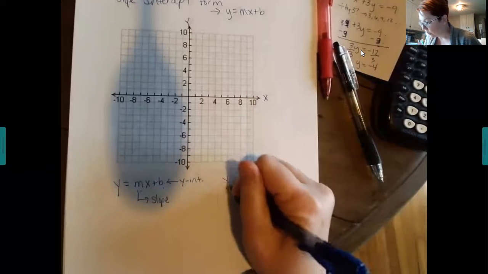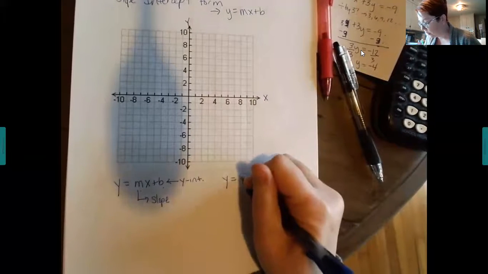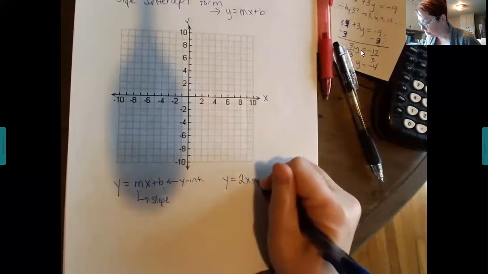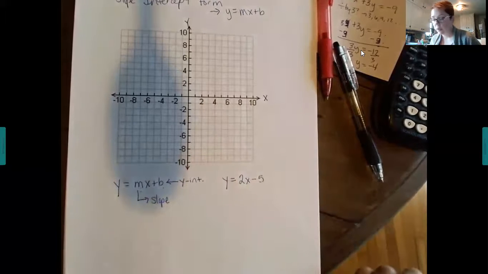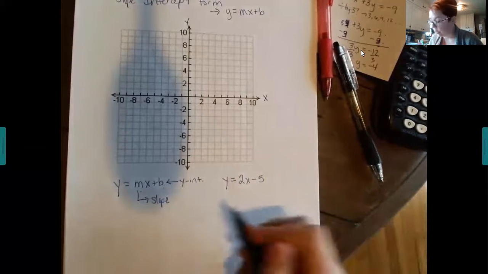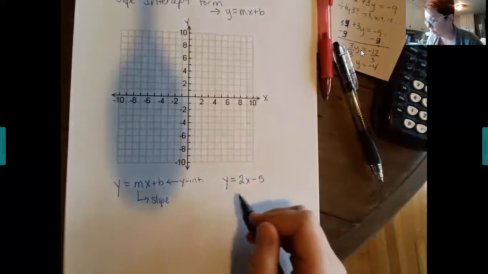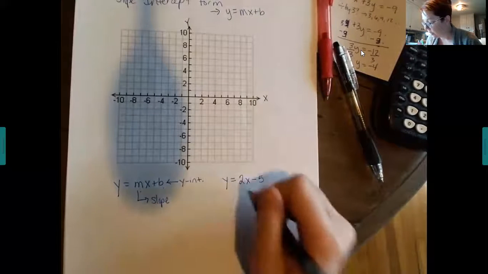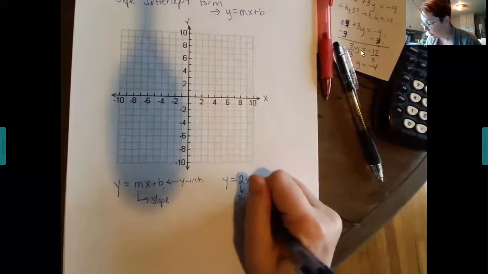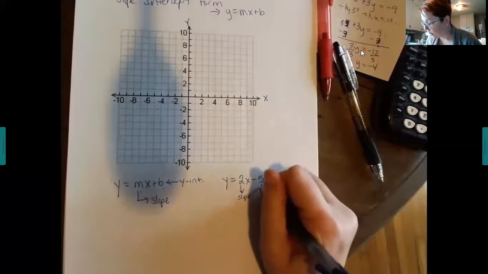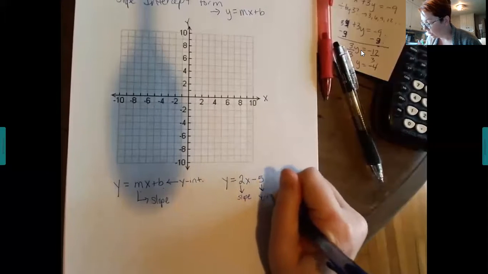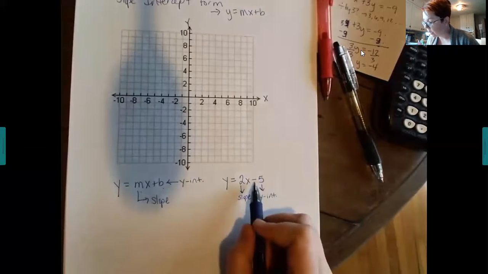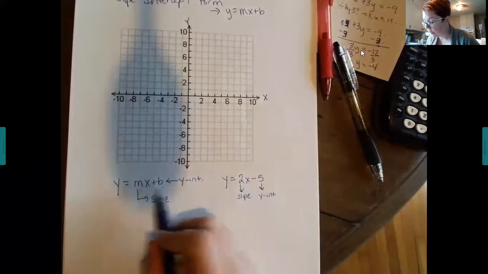So if we have an equation that looks like this, say y equals 2x minus 5. So it's in slope-intercept form. It says y equals blah, blah, and it gives us the slope, and it gives us the y-intercept. Now you want to be careful because this sign is not plus, it's minus.